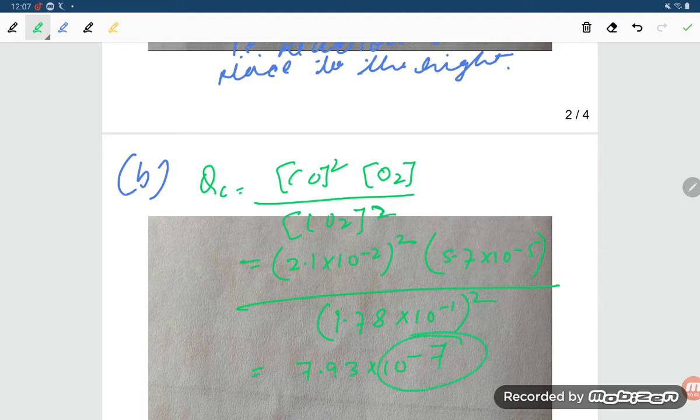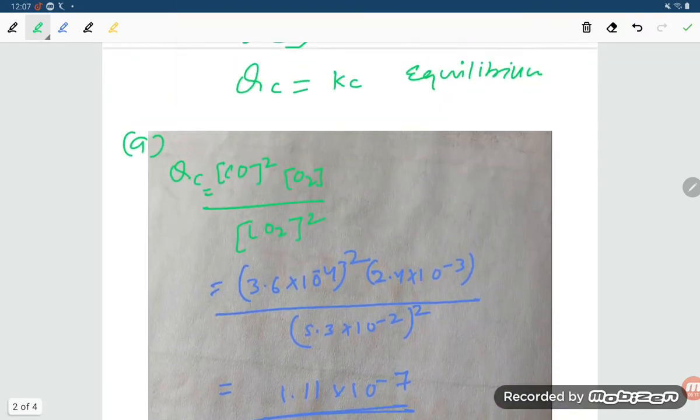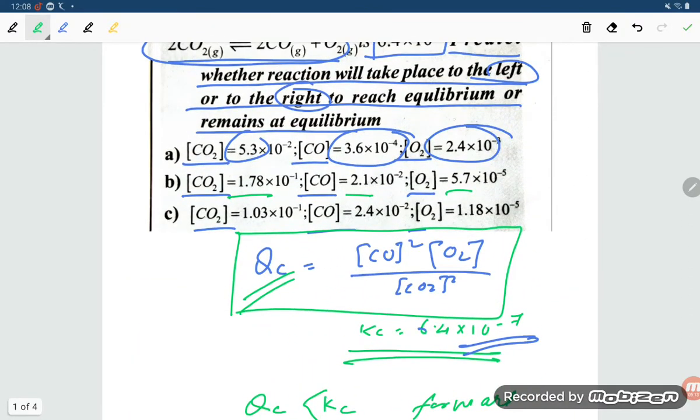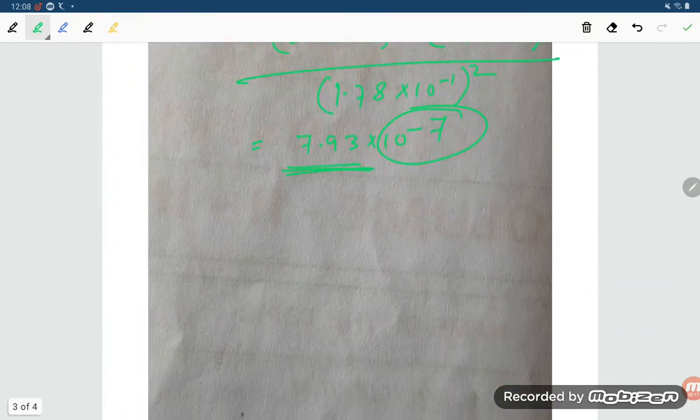Here the power is the same, but Qc is coming more than Kc, because the Kc value is 6.4 into 10 power minus 7 and here it is 7.93.